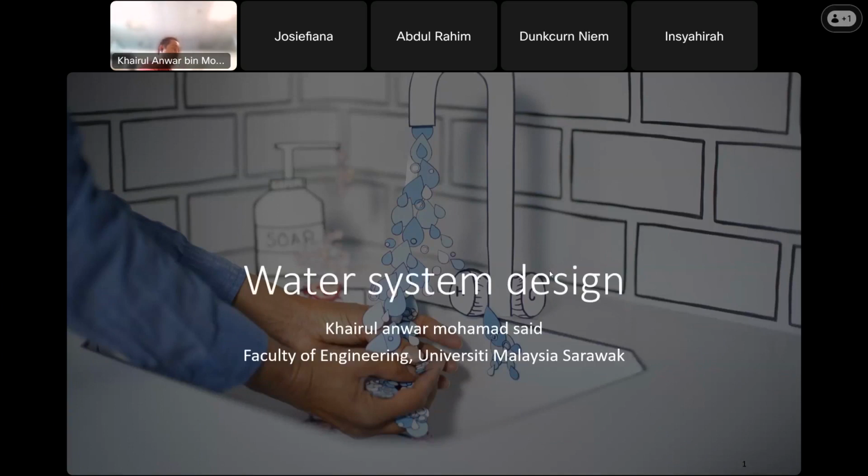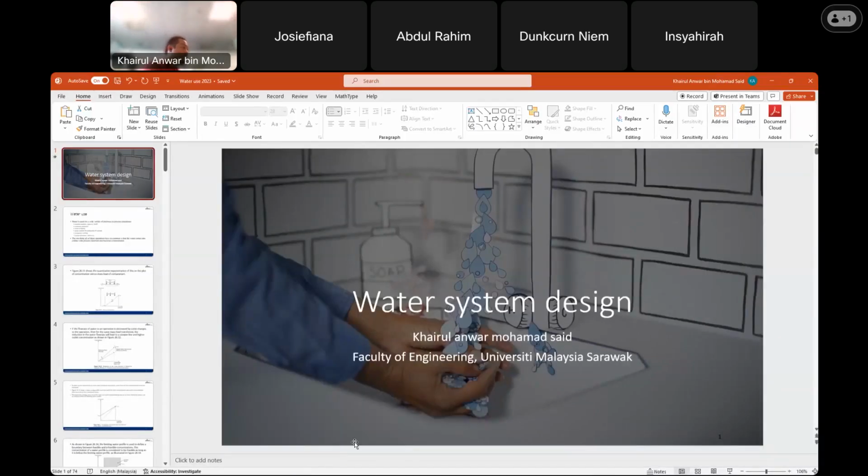So, what is the system design? It is based on a book by Robin Smith, Chemical Process Integration.